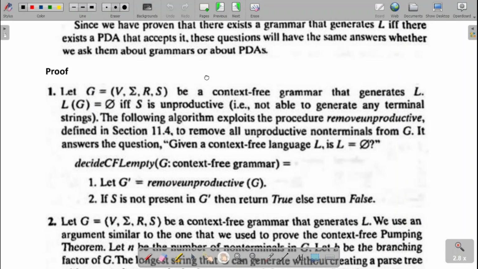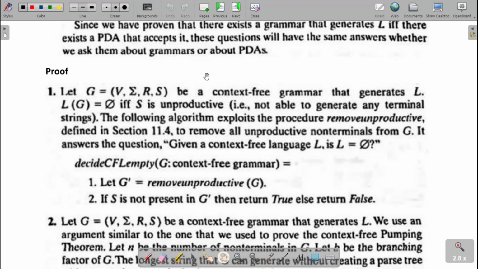So now let us go with the grammars. First one. Let G equal to (V, Sigma, R, S), where V is the rule alphabet, Sigma the set of input symbols, R the set of rules, and S the start symbol. It is a context-free grammar that generates L. If L(G) is equal to null, what does null mean? It is an unproductive one.